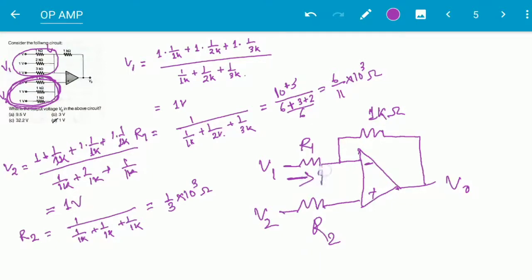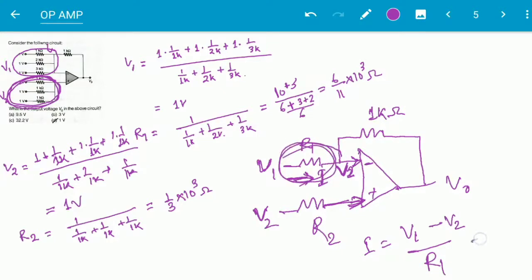Here this will be current I, this will be current I, and what will the current I be? No current will flow through the op-amp, so here will be V2 voltage, and here V1. Current I will be equal to V1 minus V2 by R1 in the non-inverting terminal.